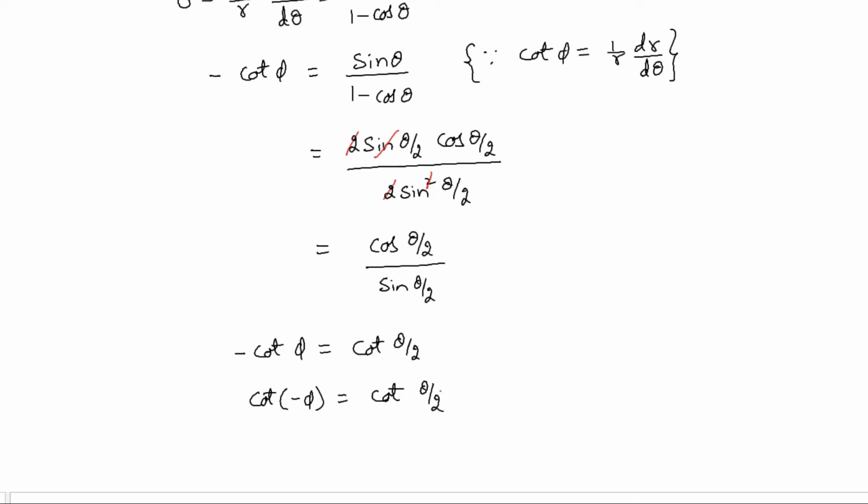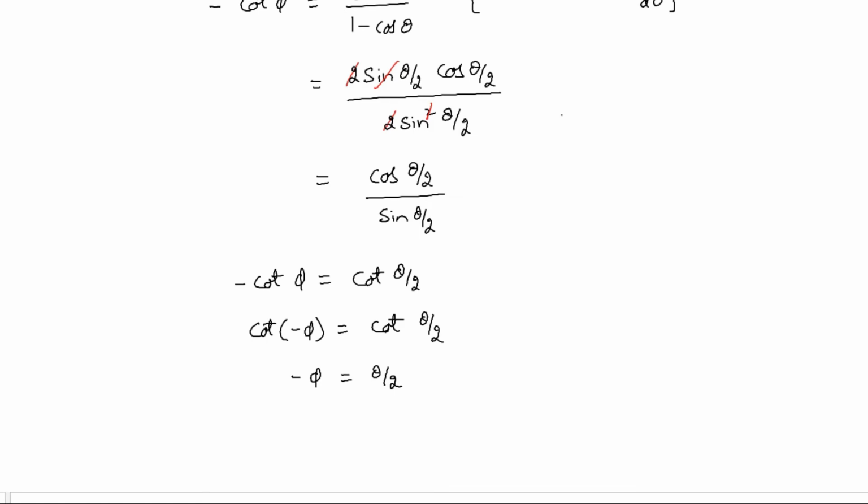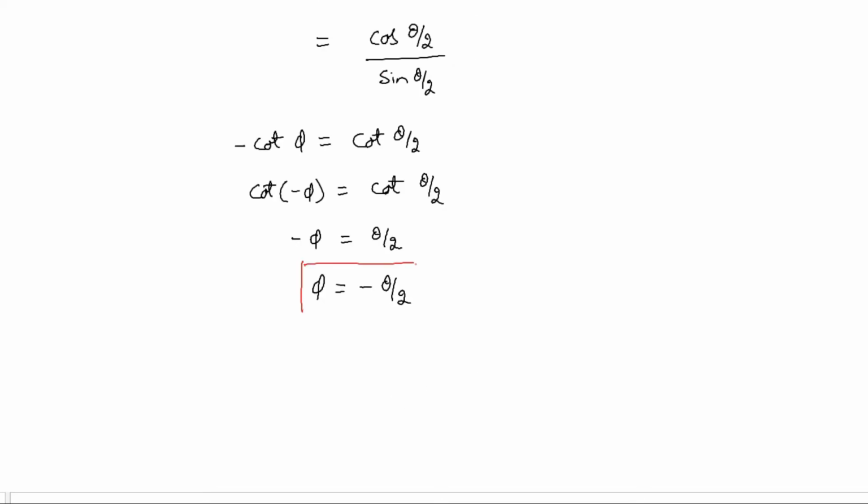Now this is an equality, therefore I can write minus phi is equal to theta by 2. Or I can write the phi value: if I multiply minus on both the sides, this becomes positive and this becomes negative. So the value of phi will be equal to minus theta by 2. So that's the angle between the radius vector and the tangent.